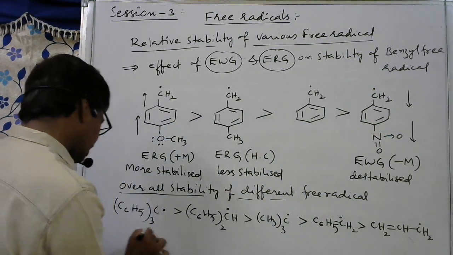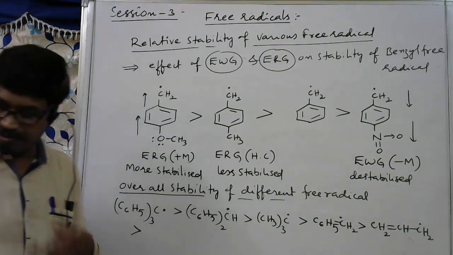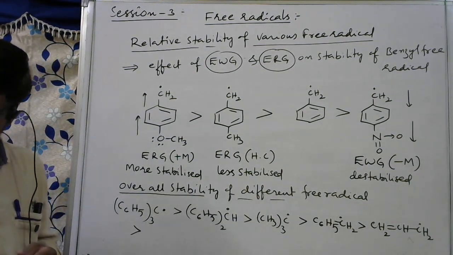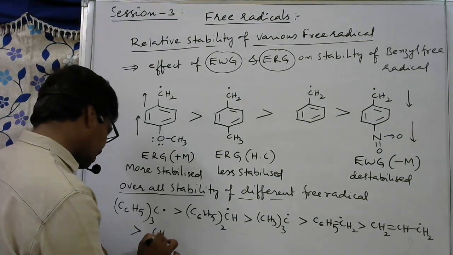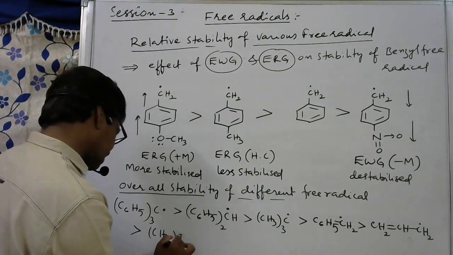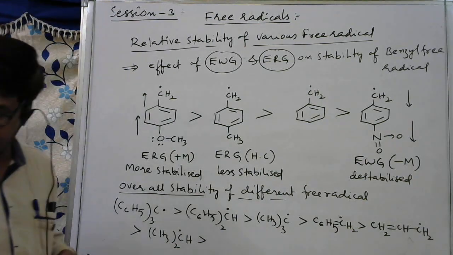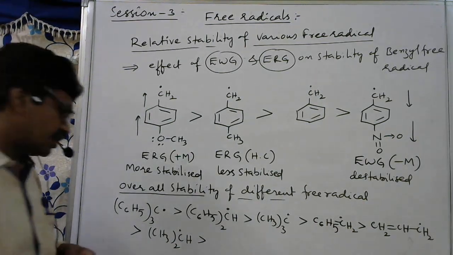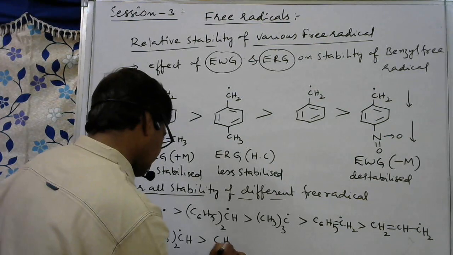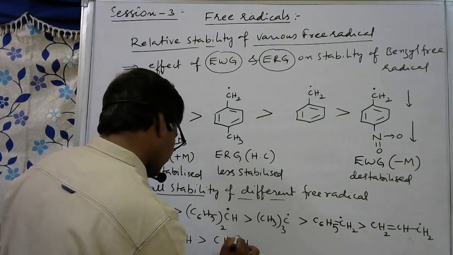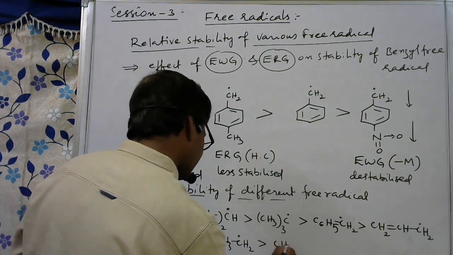Then that is more stable compared to which one? Secondary, (CH3)2CH free radical. Then after that primary, then methyl free radical.